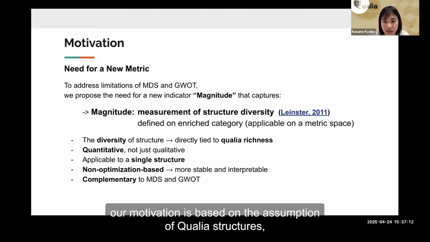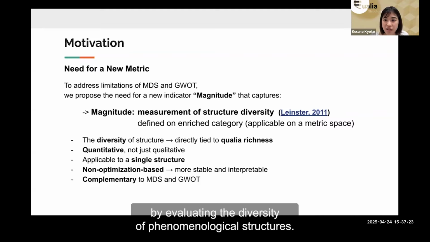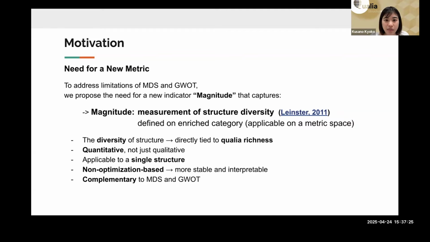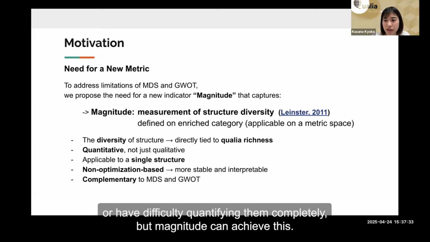Our motivation is based on the assumption of Qualia structures. We want to measure the richness and diversity of Qualia structure by evaluating the diversity of phenomenological structures. MDS and GWOT could only define differences between structures or had difficulty quantifying them completely.